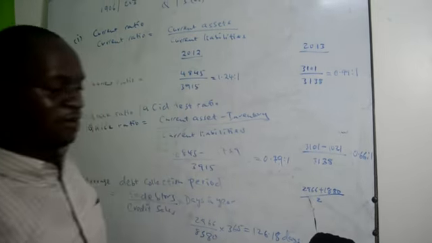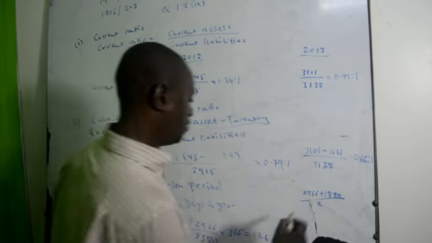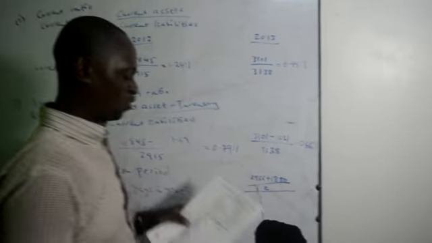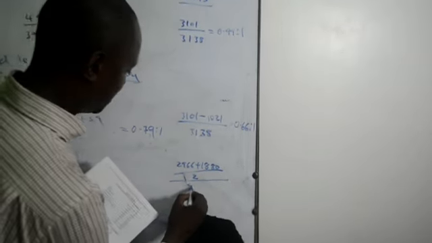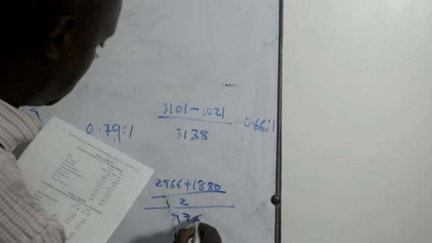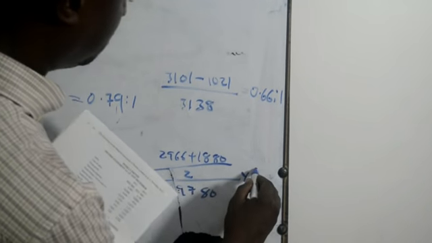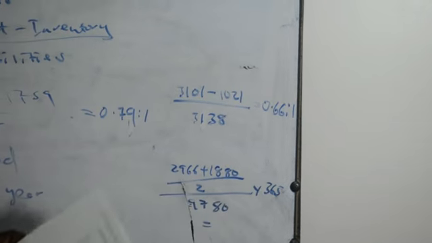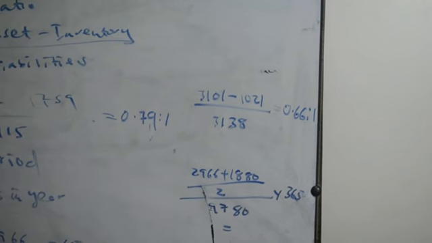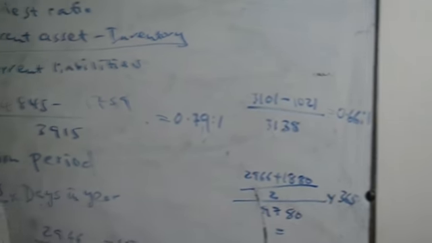That will give you average debtors. Then you divide by the credit sales for the year 2013, which is 9780, multiplied by 365. It is 365 simply because we've not been given the number of days in a year.